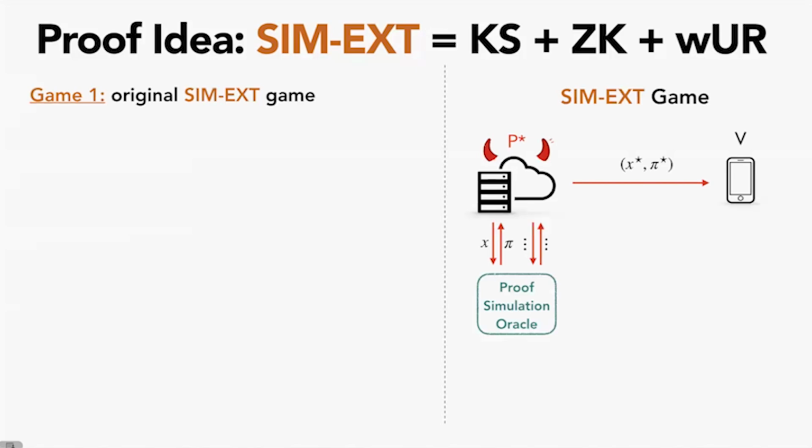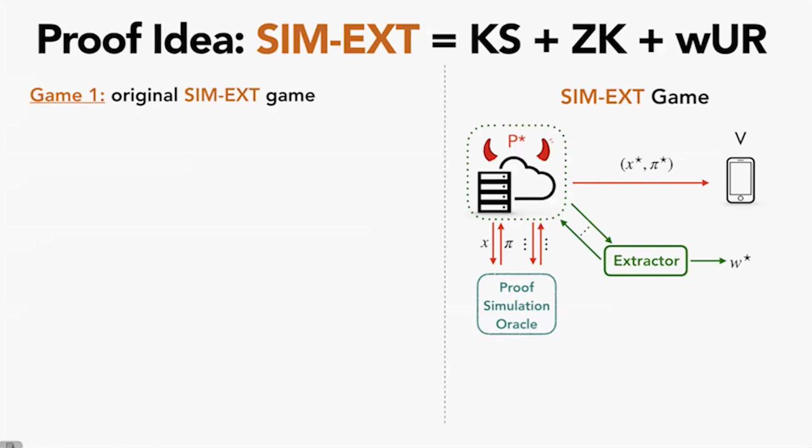Let me recall what the simulation extractability game is again. You have this malicious prover, right? It has access to arbitrary simulated proofs of its choice. And you want knowledge soundness to hold. What it means is that there is some extractor that extracts a witness for whatever proof the malicious prover outputs.